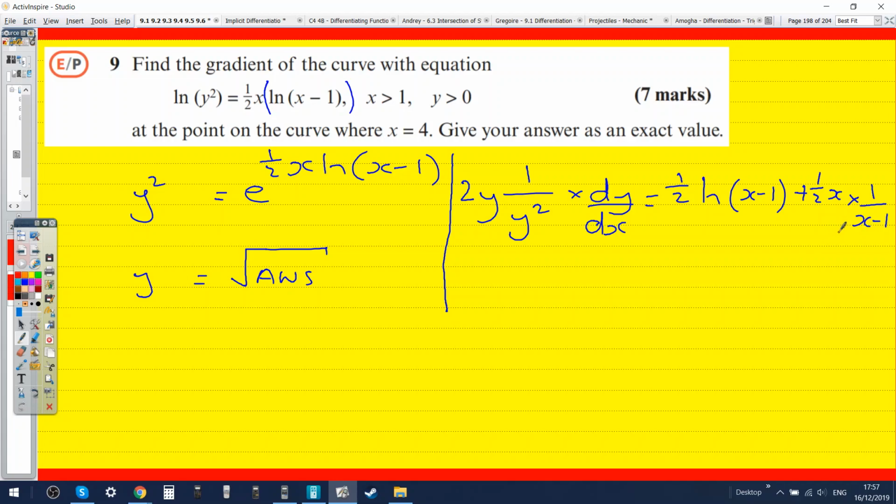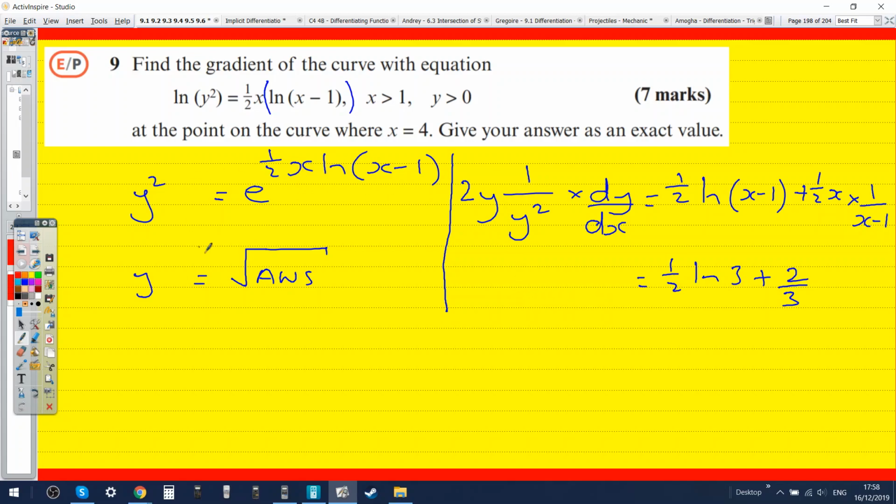And then x equals 4. So you have to substitute x equals 4 into that equation. Not into that one. You need to do it into the original curve equation, because you need to find the y coordinate to find the gradient.